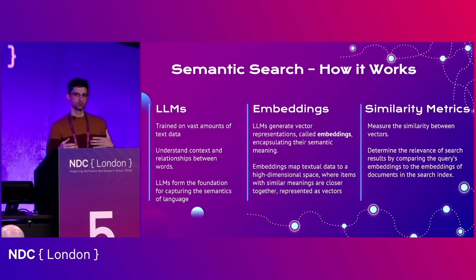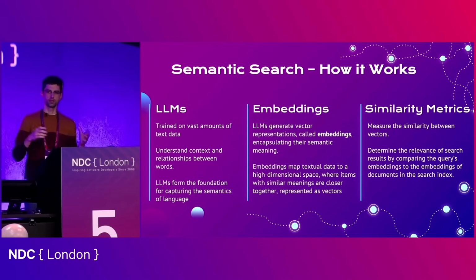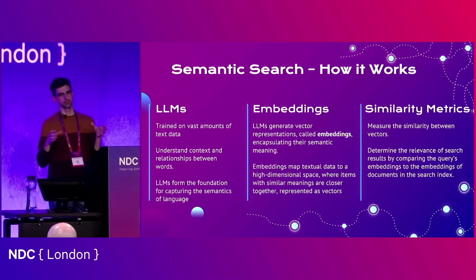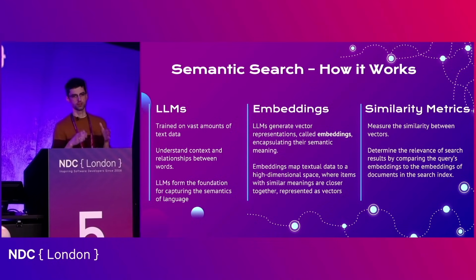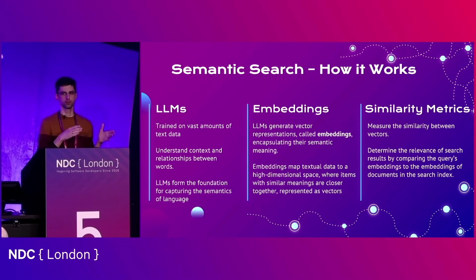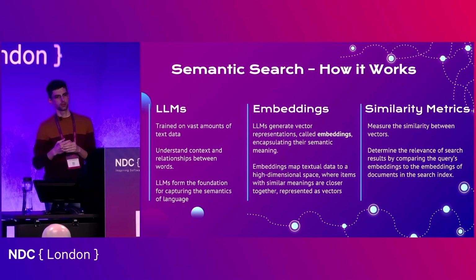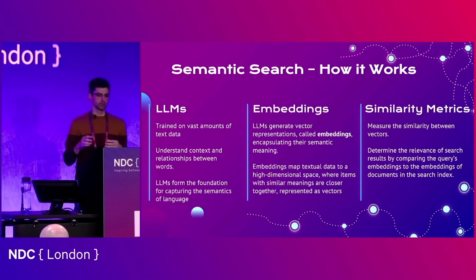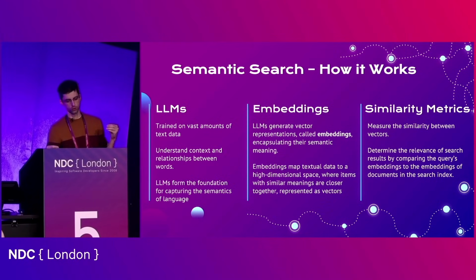This means that we can translate the data into an array of numbers, and this array of numbers captures the semantic meaning of the text or picture from which it was generated. The third component is similarity metrics. They measure the similarity between two vectors.